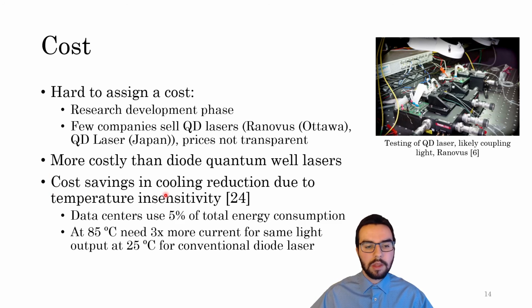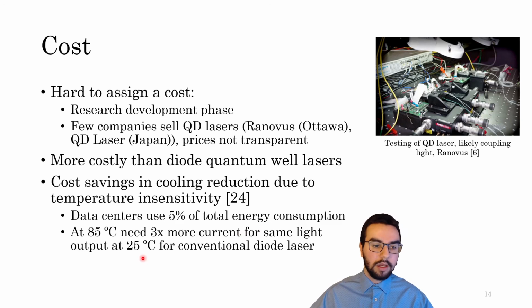So one of them is the cost savings from cooling reduction because of their temperature insensitivity. So did you know that data centers actually use 5% of the total energy consumption of Canada? Well, keeping this in mind, a conventional diode laser at 85 degrees Celsius requires 3 times more current and therefore power than the same light output at 25 degrees Celsius.